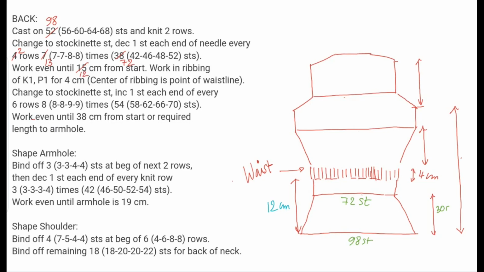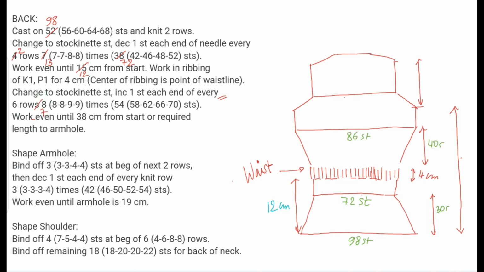So we come back to the instructions, and when it comes to going from the waist to the bust, we want to increase one stitch each end of every 6 rows. Same, we're not changing that, it's every 6 rows, but we only need 7 times.